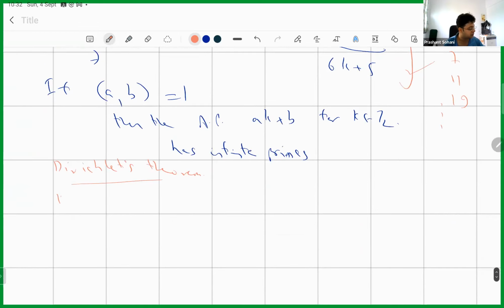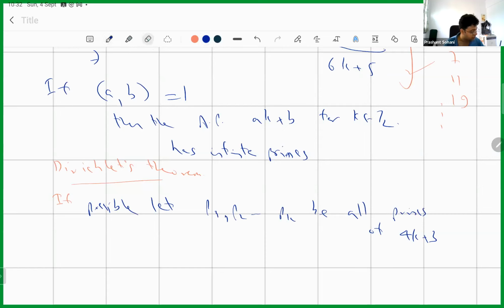If possible, let there be a finite list of primes. So let p1, p2, ..., pk be all the primes of the type 4k plus 3.